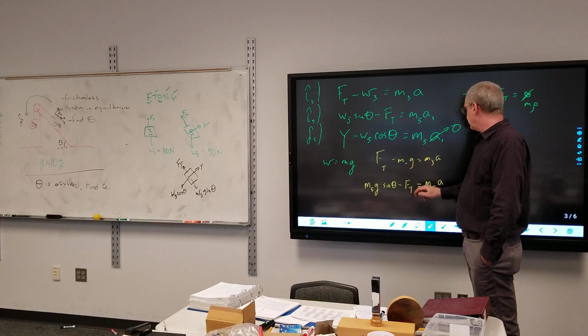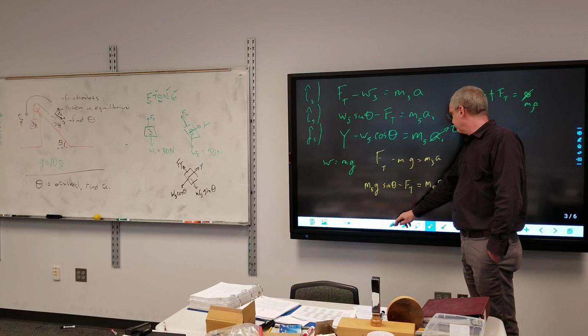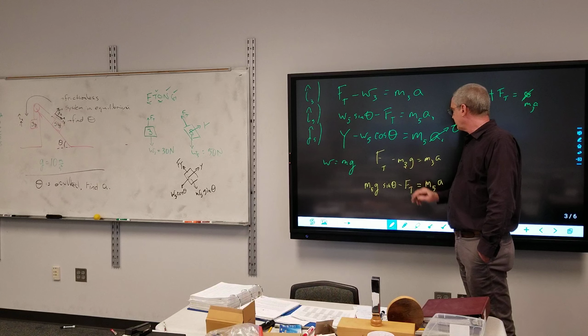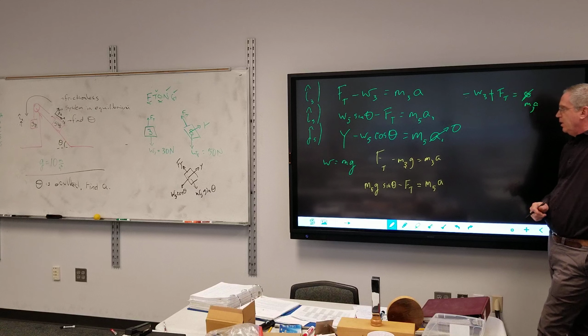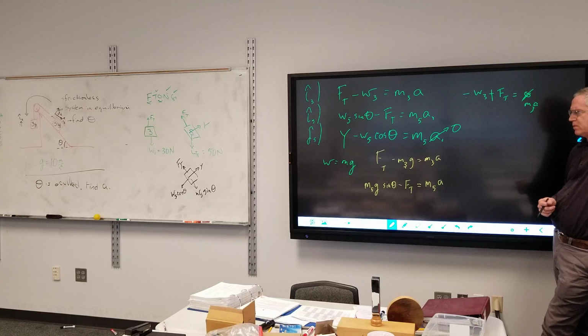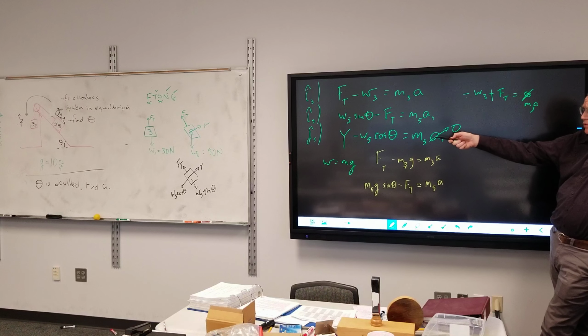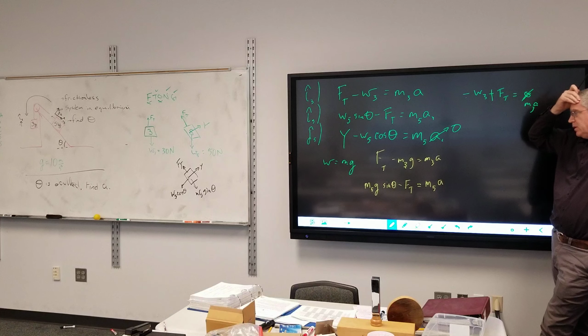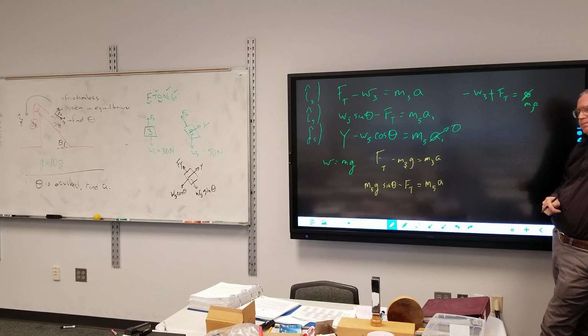And as I mentioned before, and as Patrick sort of shot for at the beginning of the previous version of this, there are times where I'll just write mg instead of w in the force diagram, and that's fine. All right, now let's solve.